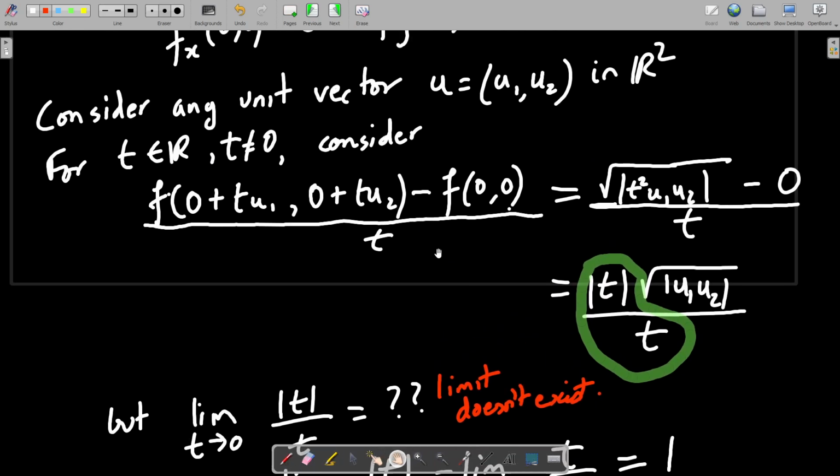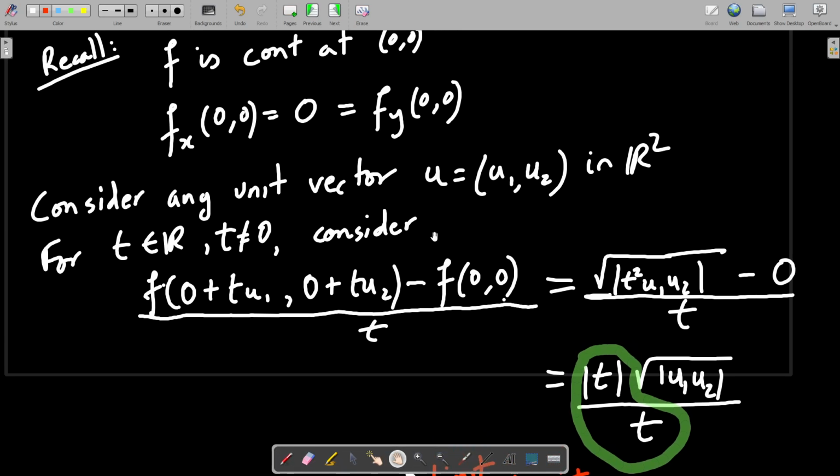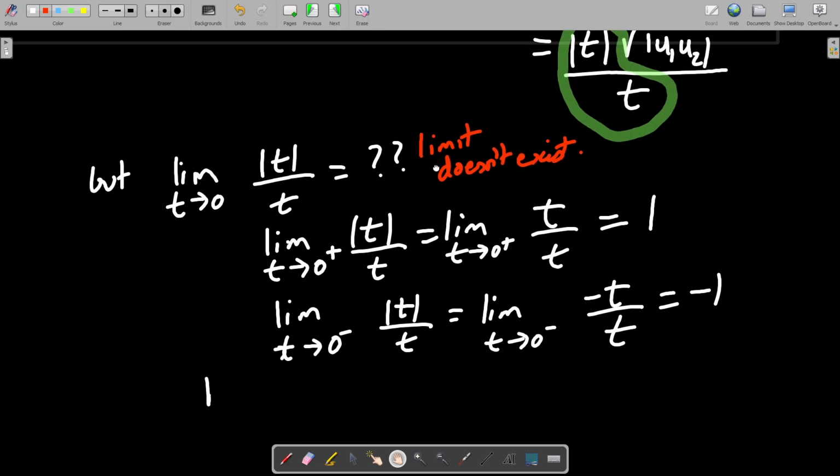This limit will not exist once you take limit t tending to 0. So the directional derivative does not exist in any direction over here at (0,0), because I took u to be arbitrary in some specific direction.